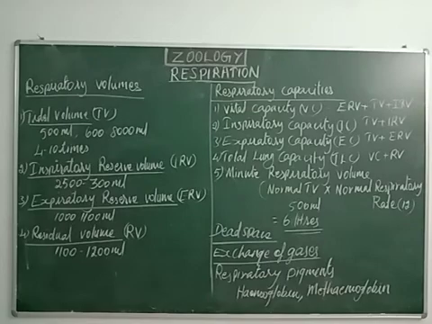Then expiratory reserve volume, in short ERV. Expiratory reserve volume means during a forceful expiration, or forceful exhale, some additional volume of air is removed from the lungs. So this additional volume of air a person can forcefully exhale is called expiratory reserve volume.